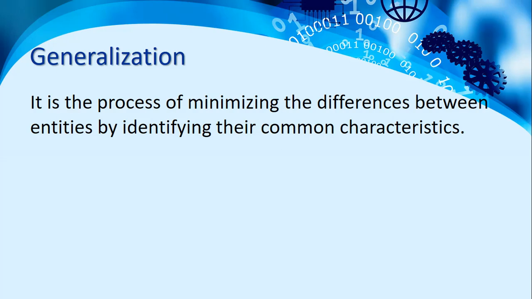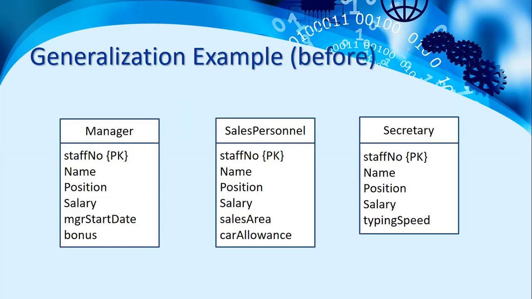It's the process of minimizing the differences between entities by identifying their common characteristics. To give you an illustration of how generalization works, let's say for example we have an ER model in which the manager, the sales personnel, and secretary are separate entities.